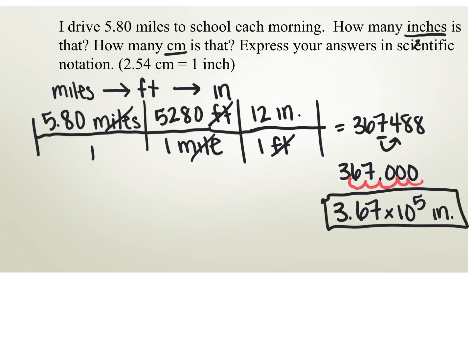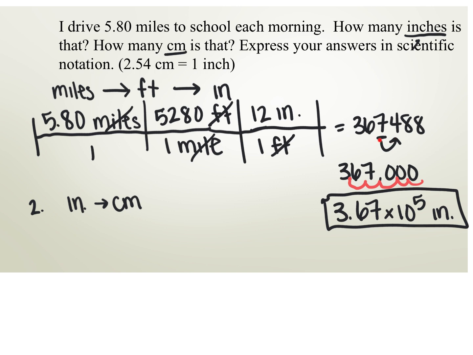Okay, what's part 2 of this problem? Okay, part 2 is to convert to centimeters. Can we go just from inches to centimeters? Okay, so for part 2, we're just going to go from inches to centimeters. Okay, when you use your inches number, take your unrounded number.